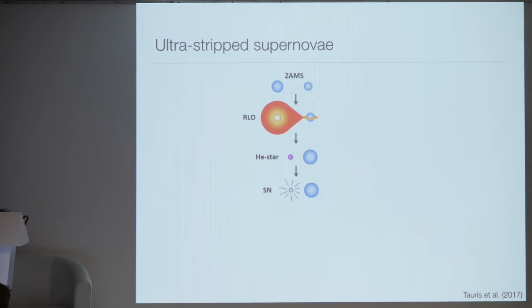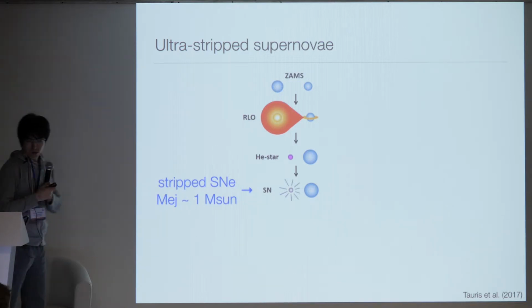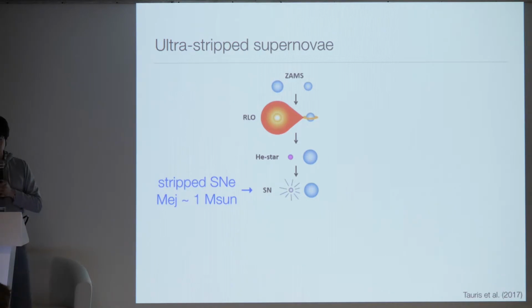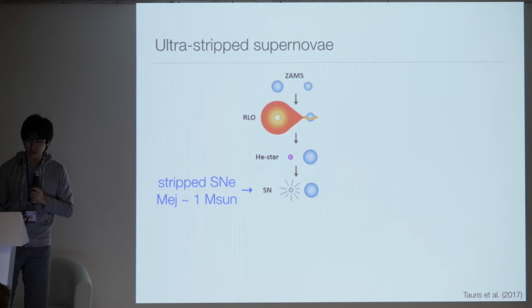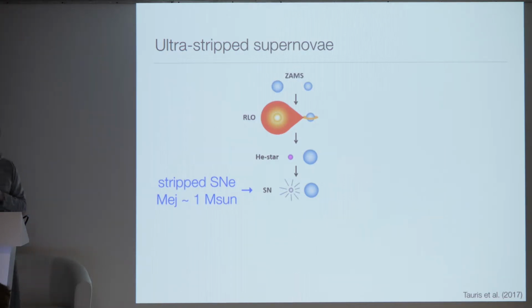And I showed this part, the stripped envelope supernova, which ejects about one solar mass of ejecta, and that was a normal type Ib/c supernova. That's the supernova commonly observed.